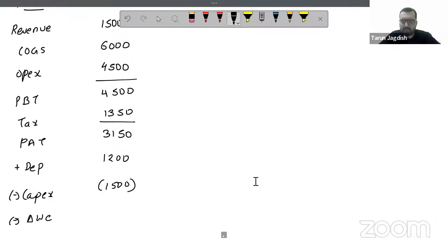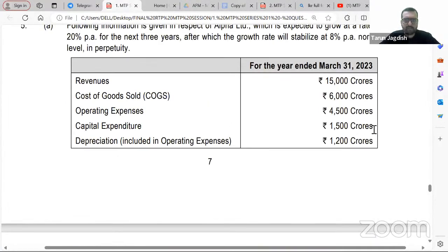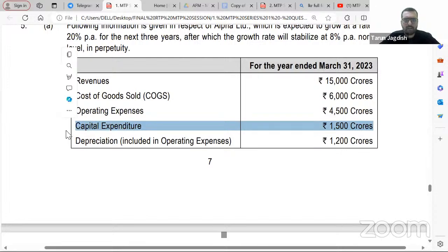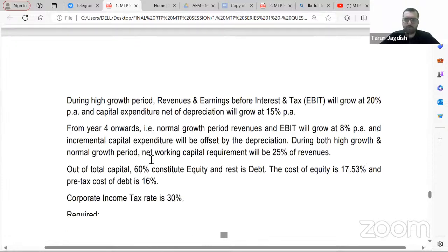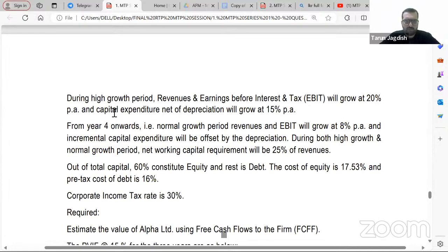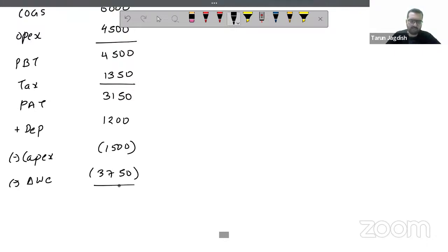Okay, and what else have they given? So capex is, oh, sorry. Capex is? No, I thought capex was including depreciation. My mistake. And then they have told capex 4 years. Working capital is going to be 25% of revenue. So here the revenue is 15,000 into 0.25. So you will get the answer as 3750.